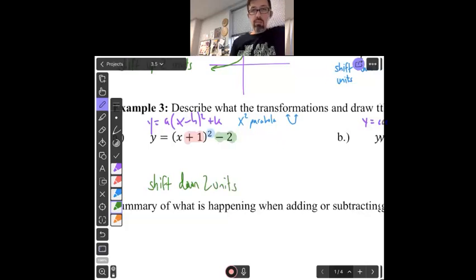Okay, what about the +1? Left 1? Okay. So how do we pick out that graph?